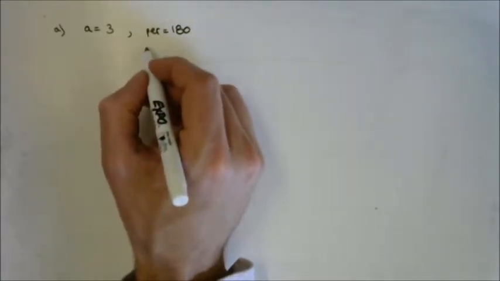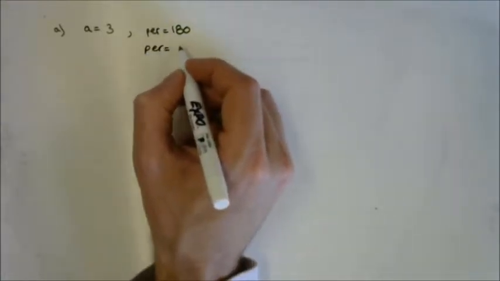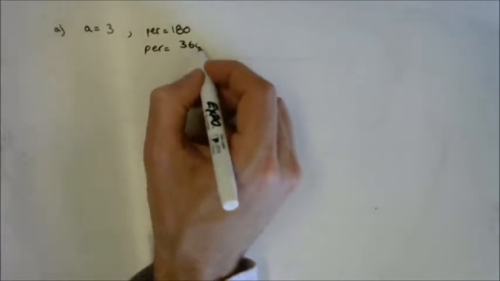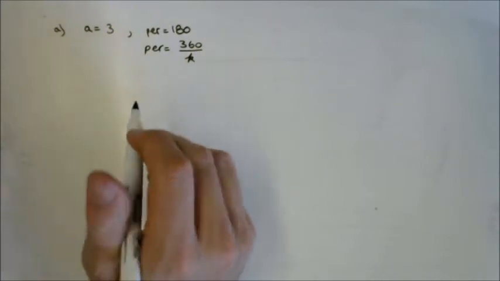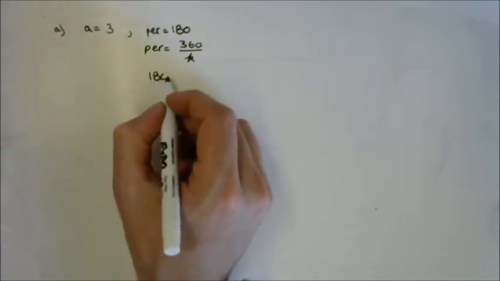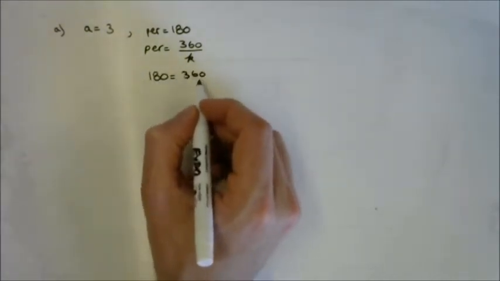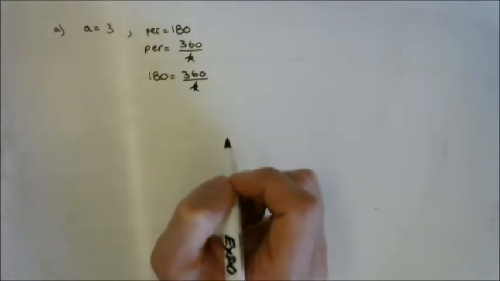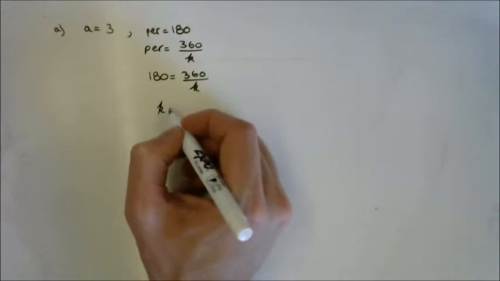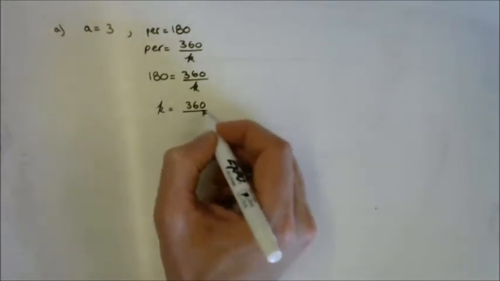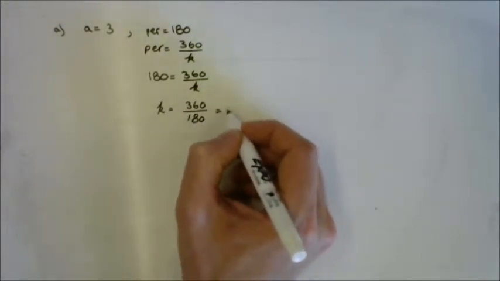Remember, period is 360 over K. And we're told that the period is 180. So we have 180 equals 360 over K. So K is 360 over 180, which equals 2.